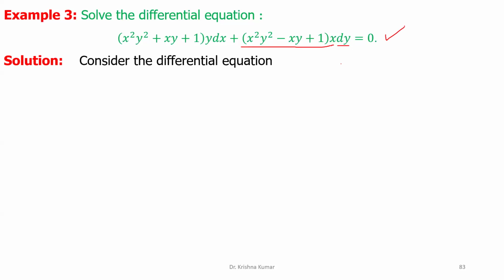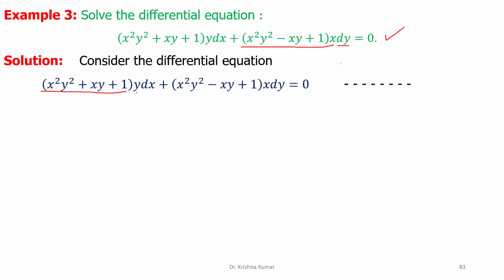So consider the differential equation (x²y² + xy + 1) multiplied by y dx + (x²y² − xy + 1) multiplied by x dy = 0. Let us give it equation number 1.